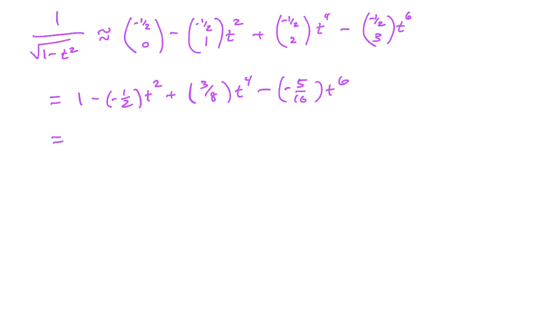When we simplify, that gives us 1 plus 1/2 t squared plus 3/8 t to the 4th, plus 5/16 t to the 6th.